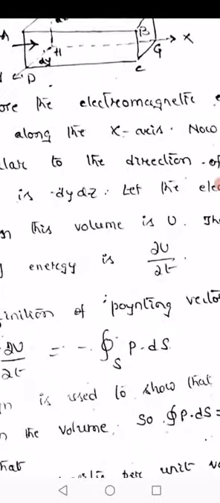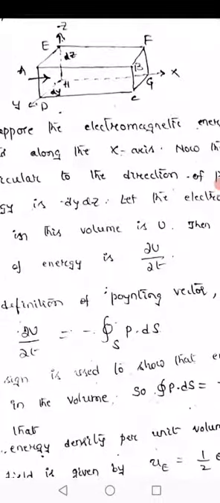I want to clarify again about the negative sign. When you take P dot dS, suppose the energy is entering, dS is always for the left hand side, that is for the plane AEDH, dS is perpendicular to that area, along the left hand side.